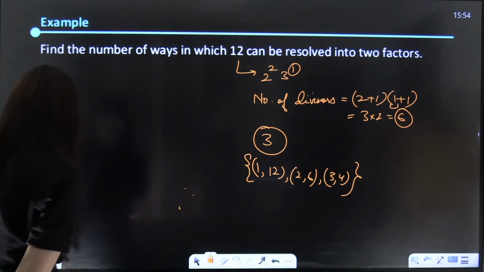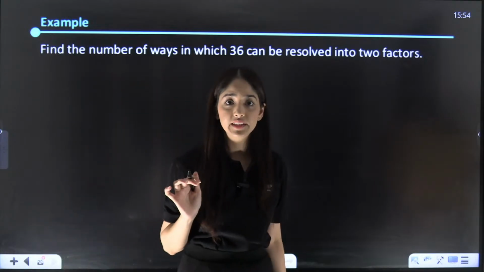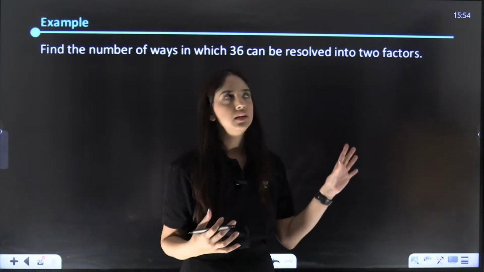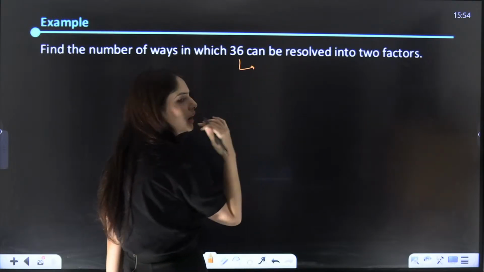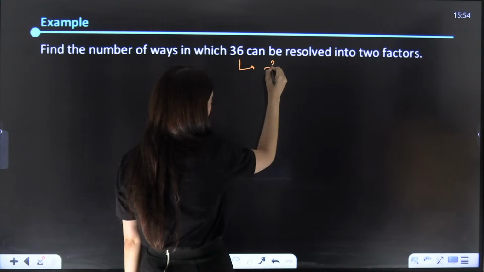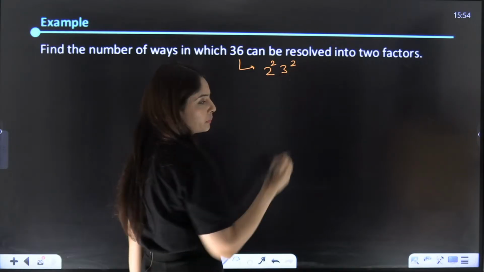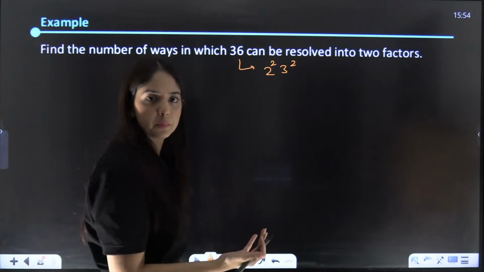Now, for 36, we clearly know it's a perfect square, but let's just forget that for once and start doing its prime factorization. Now this comes out to be 2 raised to power 2, 3 raised to power 2. All even. So yes, it's a perfect square.